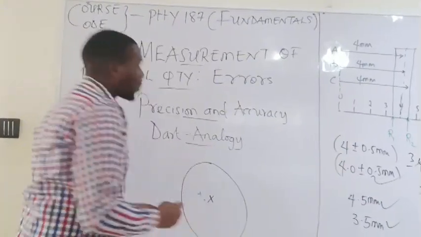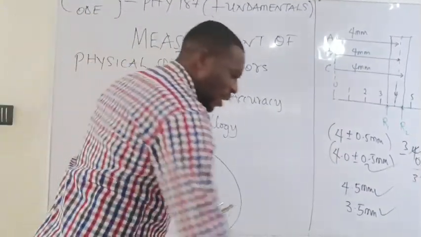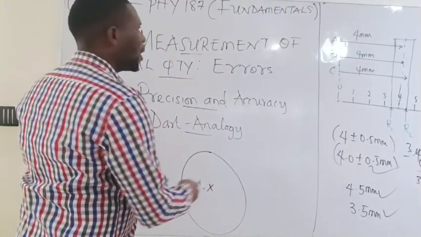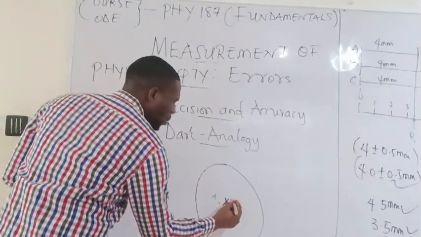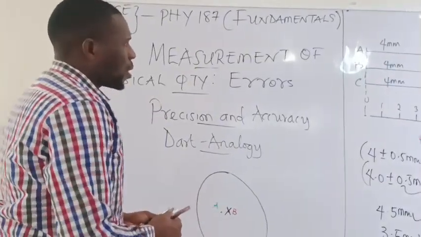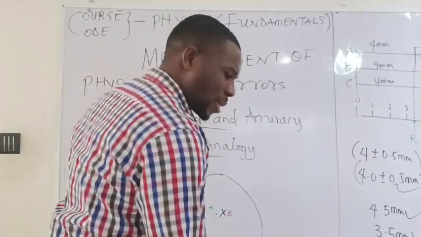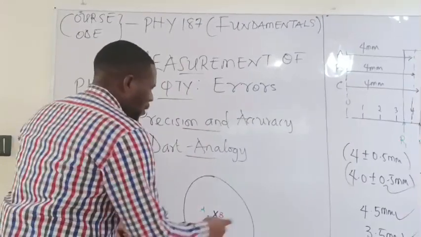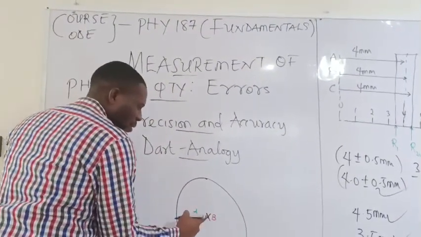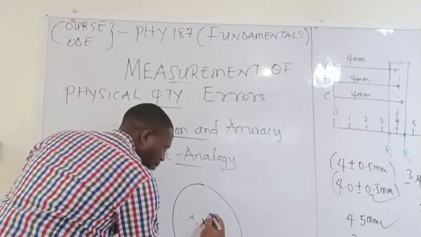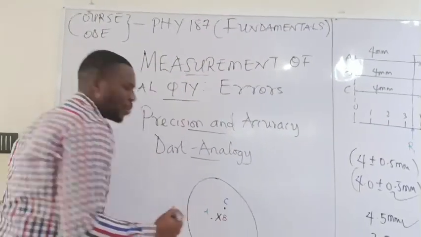So this is just the error. Then the second person, person B, measured right on the target. And the last person, person C, shot his darts to the target, but it came right here.